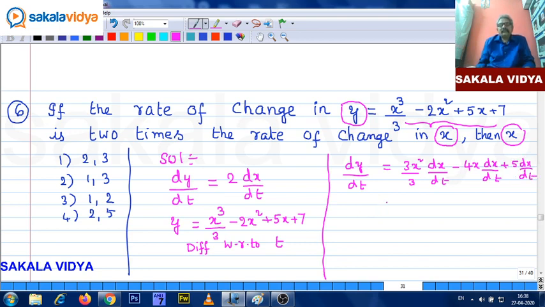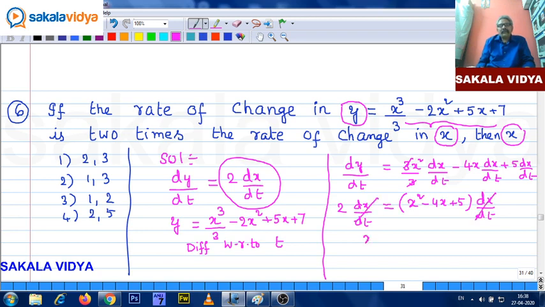So, now this can be written as dy by dt is equal to 2 dx by dt. So, this is replaced. Now this 3 gets cancelled, dx by dt is common, we have x square minus 4x plus 5 of dx by dt. So, dx by dt gets cancelled.